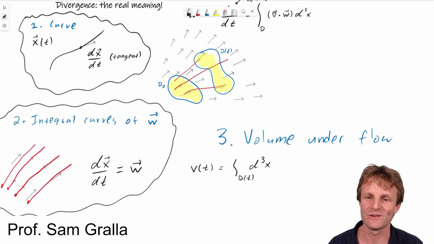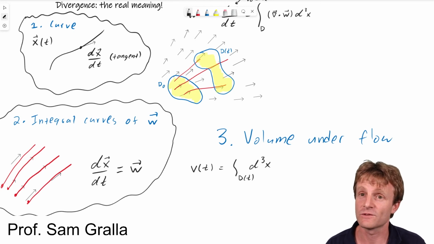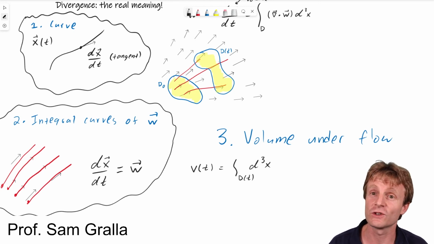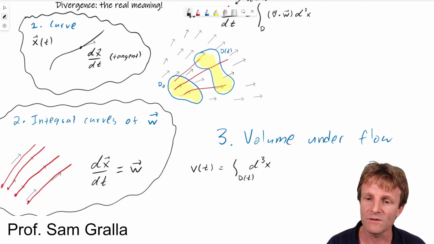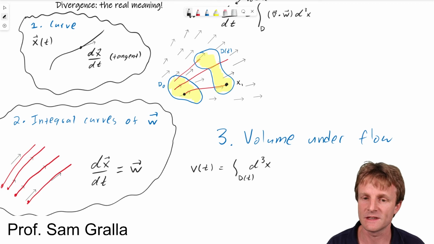But now what we're going to do is think about the volume as a function of time with reference to the original volume D0, which is going to help us get an equation for how it changes. So if we have a point in the volume D of t we're interested in, and we call that point x1, we're going to imagine tracing back in time along x1's integral curve to wherever it started at the initial time t0.